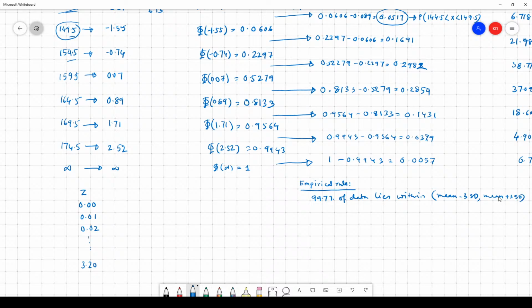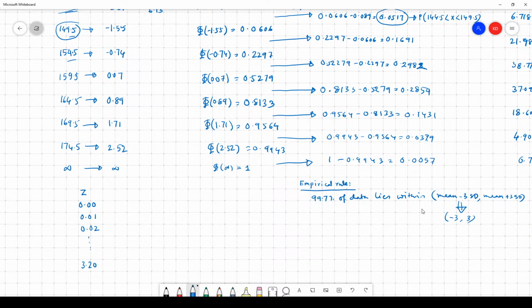For the Z score, mean is 0 and SD is 1, so it should be minus 3 to plus 3. Clear? So most tables consider the Z value from 0 to 3.